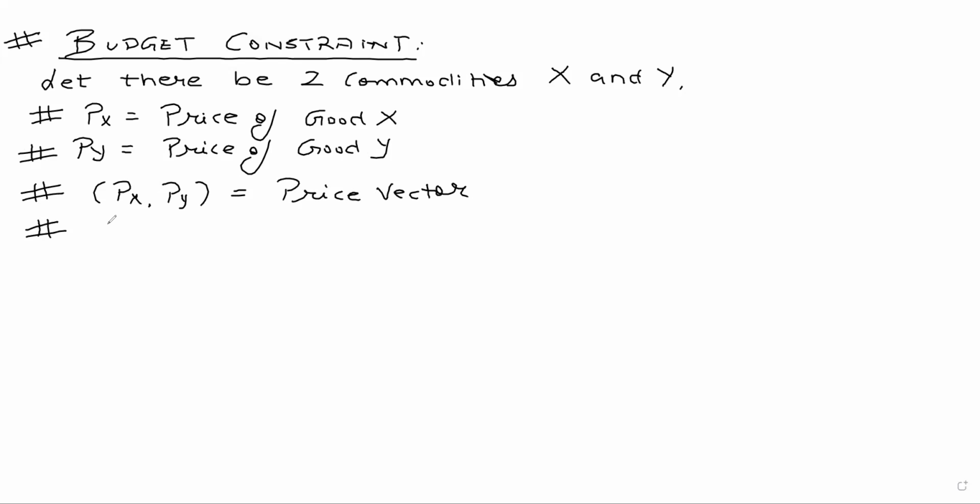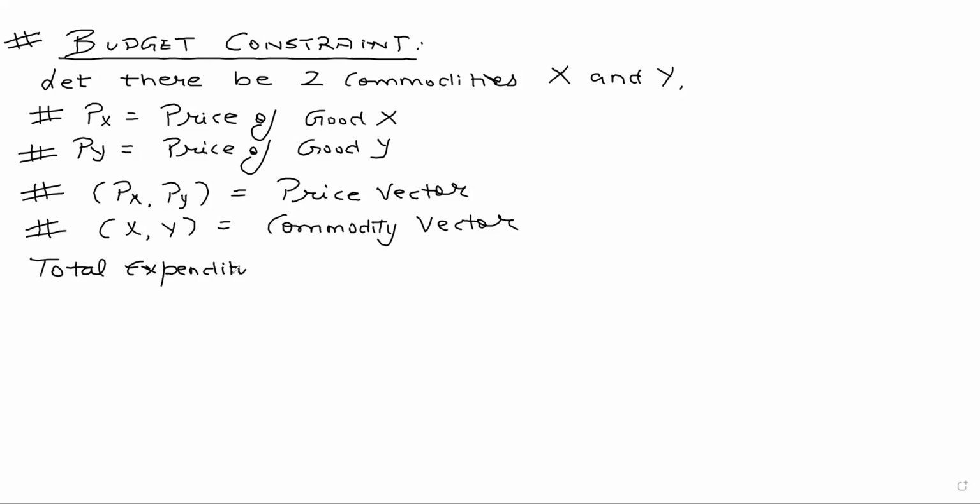Similarly, X comma Y is my commodity vector. Now, when I talk about total expenditure, what is total expenditure? Total expenditure is nothing but the dot product of the price vector with the commodity vector.